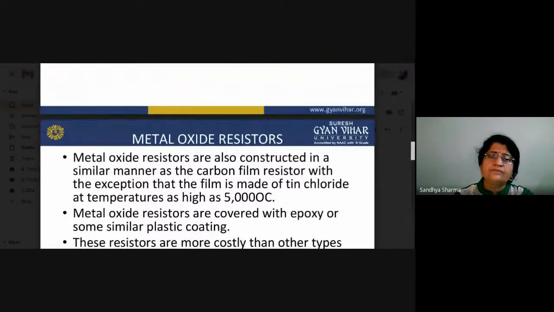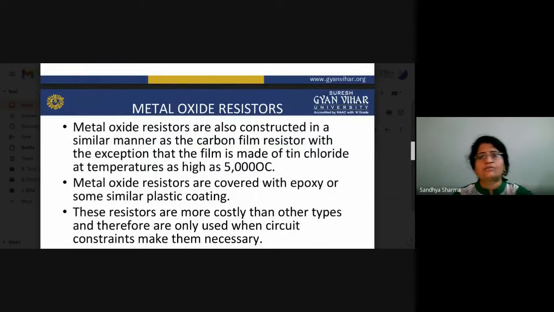Now we will discuss the metal oxide resistor. All these are types of resistors, and we design them according to their material. Metal oxide resistors are constructed in a similar manner to the carbon film resistor, with the exception that the film is made of tin chloride at temperatures as high as 5000 degrees centigrade.